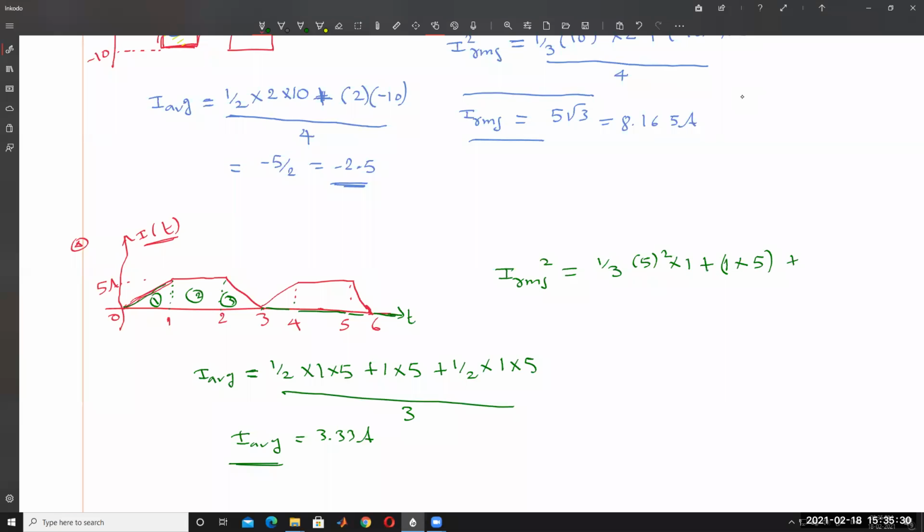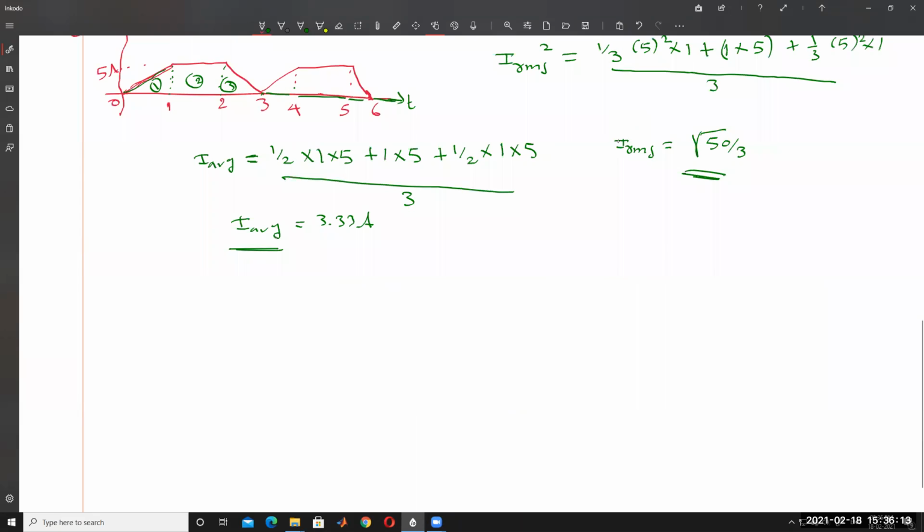And then the third one, similarly 1 by 3 into i square, so 5 square into 1. Divided by the total time period, which is 3. Then you will get IRMS is equal to approximately root 50 divided by 3. This is the IRMS value for this waveform.